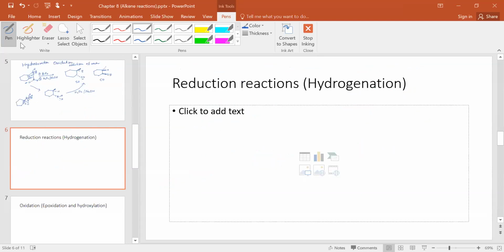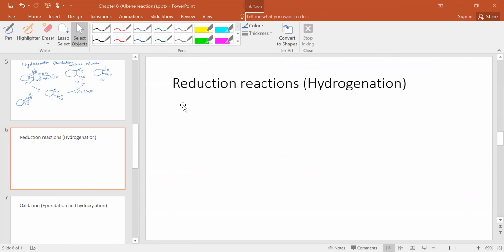Another important reaction is hydrogenation. So what is hydrogenation? It is a reduction reaction.